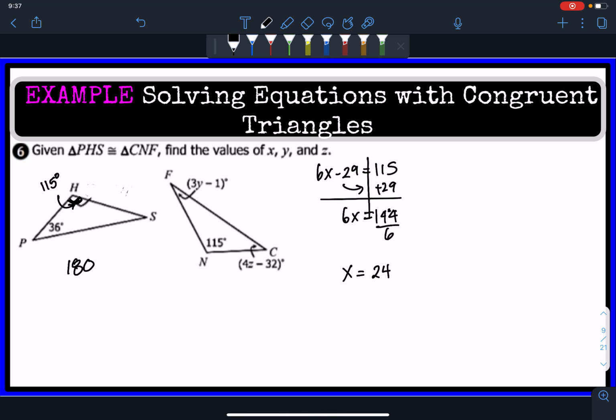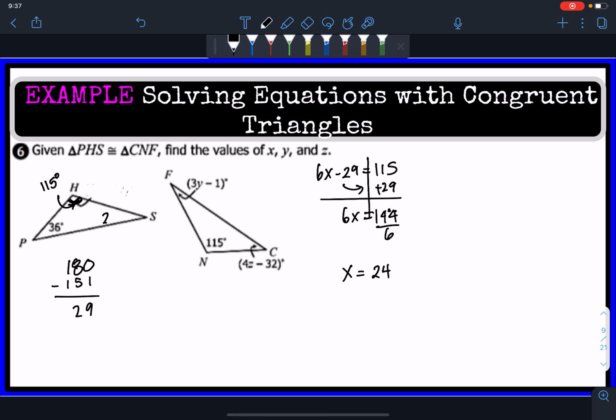So taking away 115 and 36 is the same thing as taking away 151, because 115 plus 36 is 151. So taking away 151 from 180, we're going to get 29.